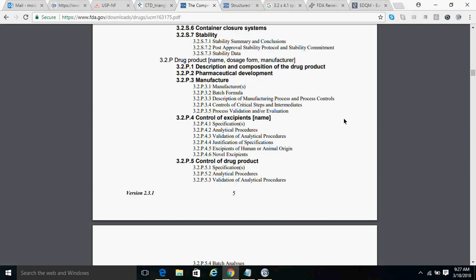Before taking the trials, we will do compatibility studies for the API and excipients. We will take different ratios of all excipients used, for example, for a tablet we will use diluent, binders, anti-friction materials, and with different quantities we will blend them and keep them for stability studies, and simultaneously we will proceed with the trials also. After 1 month and 2 months we will take back those samples and analyze them.